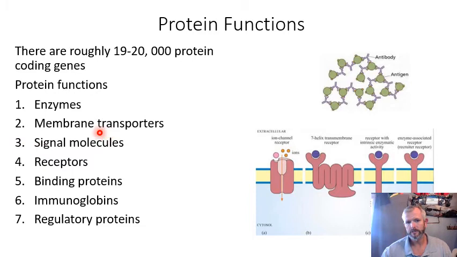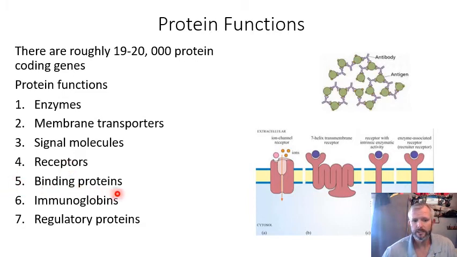Signaling molecules, where will we be talking about these? All right, the nervous system and neurotransmitters. Some neurotransmitters are proteins or peptides. Also hormones. What do signal molecules bind to? To signal, they bind to receptors. So again, nervous system, endocrine system will be the big ones when we talk receptors.